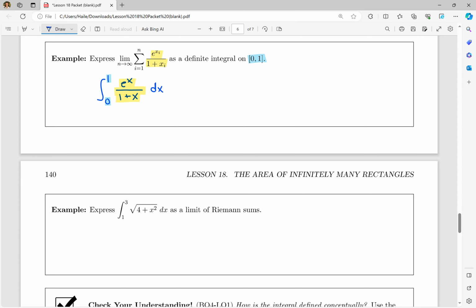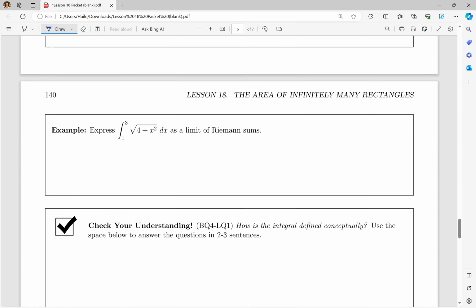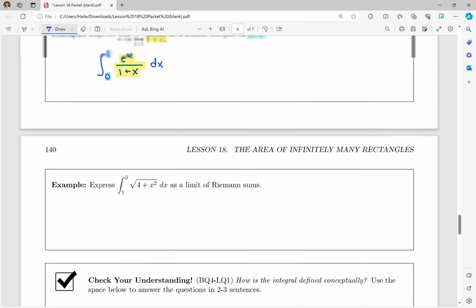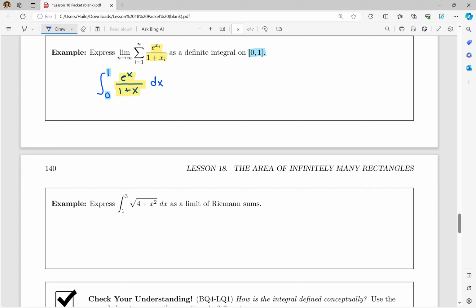Now let's go backwards and express the integral from 1 to 3 of the square root of 4 plus x squared dx as a limit of Riemann sums. Maybe I'll leave that other example up there just so we can see it. The first thing I need to write is the limit as n goes to infinity, and I know I'm going to need this giant summation, going from 1 to n.